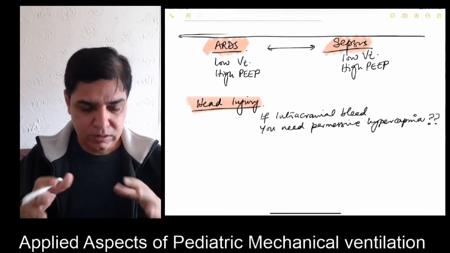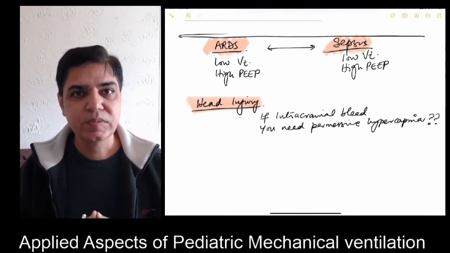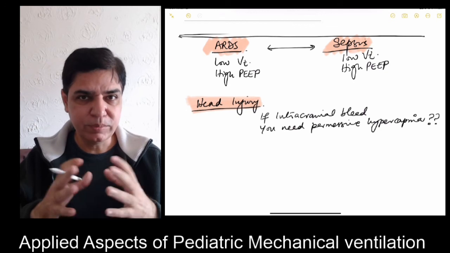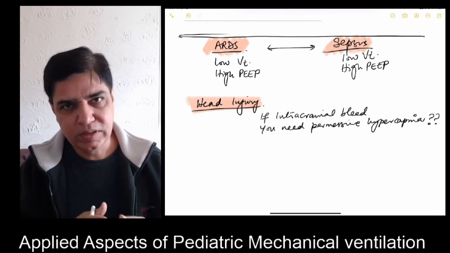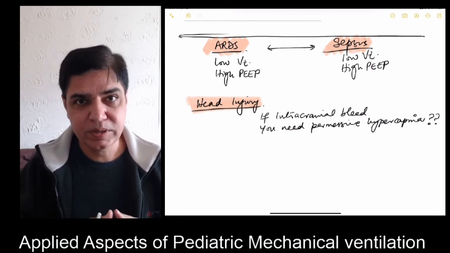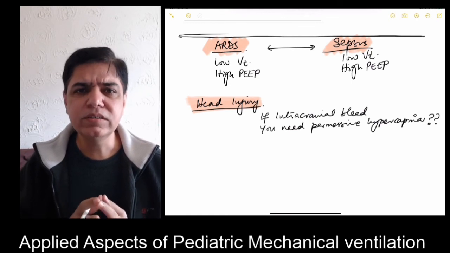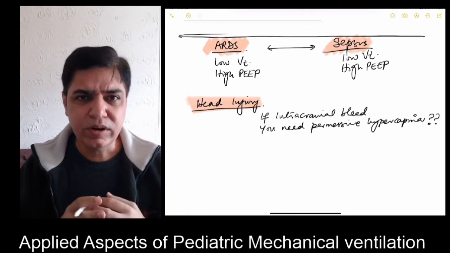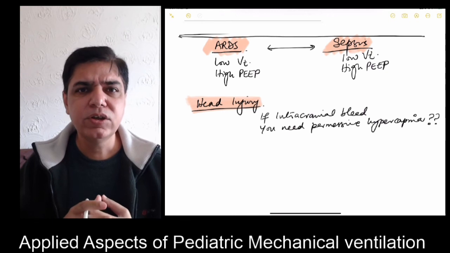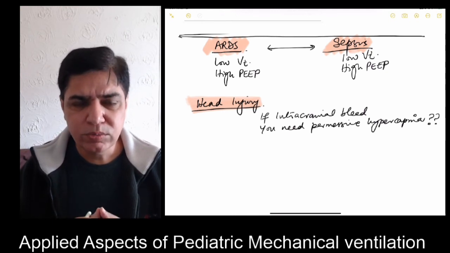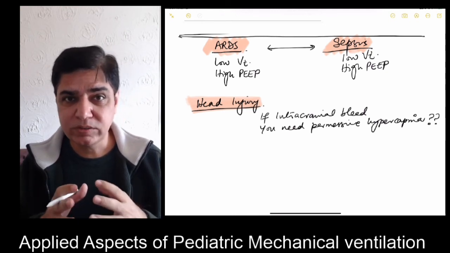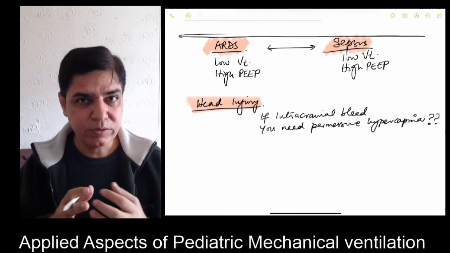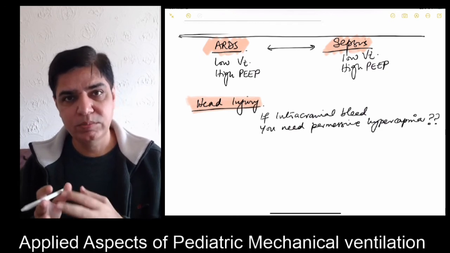Either you can decrease the body temperature, number one, but that's obviously not related to a mechanical ventilator setting, so you make them a bit hypothermic. And number two, you keep a low respiratory rate and a low tidal volume, because your carbon dioxide levels are regulated by minute ventilation, which is tidal volume times respiratory rate.